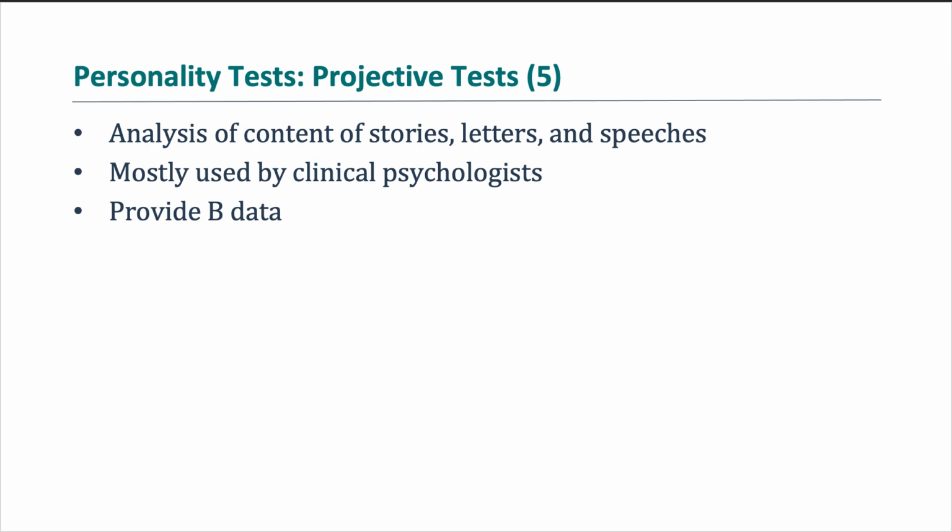You're going to ask them for long speeches. This is usually used by clinical psychologists. You generally don't see this too much in research. Sometimes you do, but not too often. A lot of clinical psychologists will use this, and it does provide B data, which again is that behavioral data. So people are taking notes of how you're behaving during this test as well.